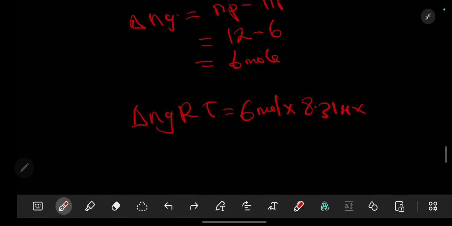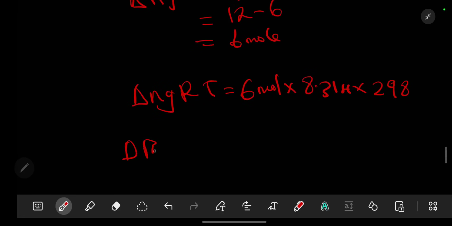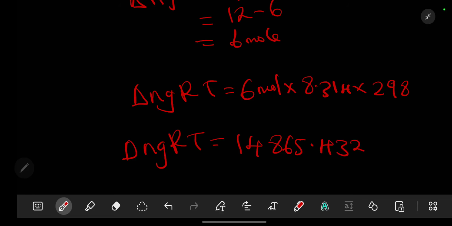So the change in n_g RT is equal to 6 times 8.314 times 298, which gives us 14,865.432. Then this is joules.